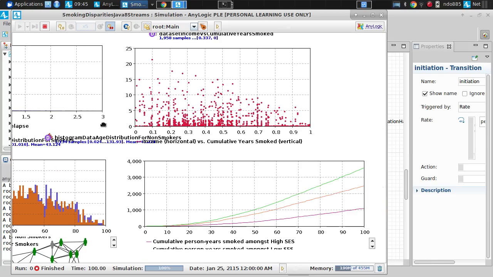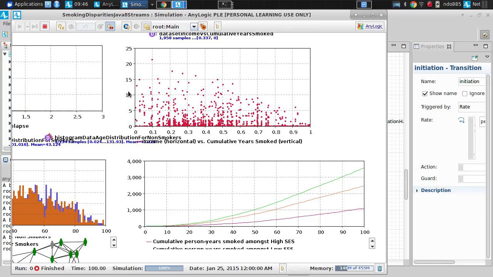Over here, further to the right, we're seeing another interesting depiction where we're following this population at an individual level, and each of these dots represents a particular person. What we see here on the horizontal axis is a representation of their income, their SES. And on the vertical axis, we see cumulative years smoked.